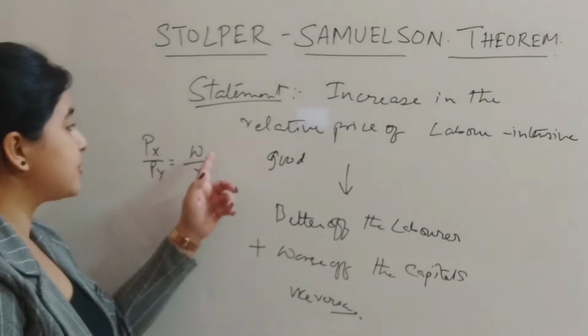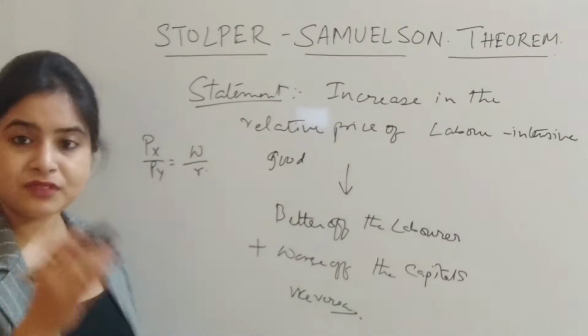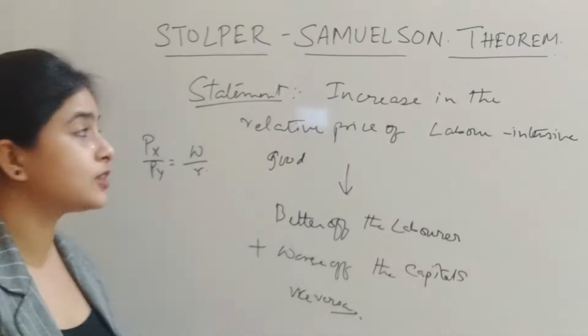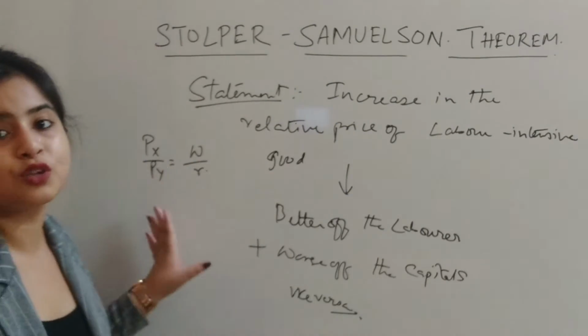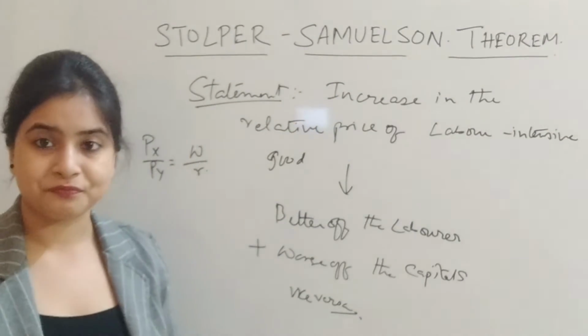So here W represents the wage rate and here R represents the rental price. Okay, so this relationship is also stated from this Stolper-Samuelson theorem.